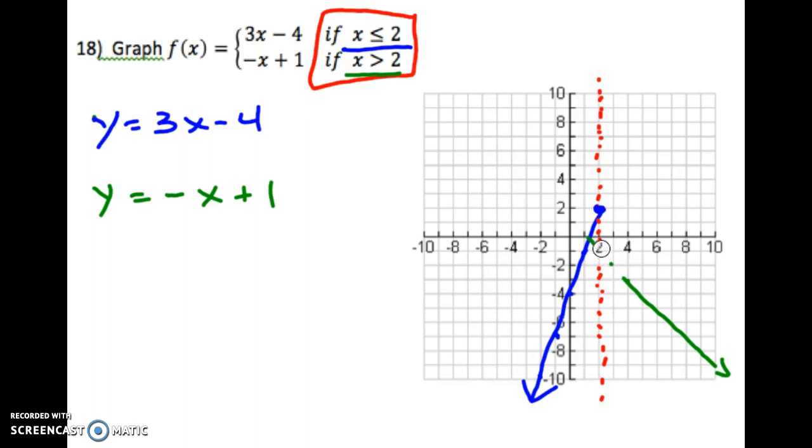Readjust this a little bit. Alright, that's going to be okay because we needed to make this point at 2, -1 an open circle. Hopefully this helps. Good luck on the test.